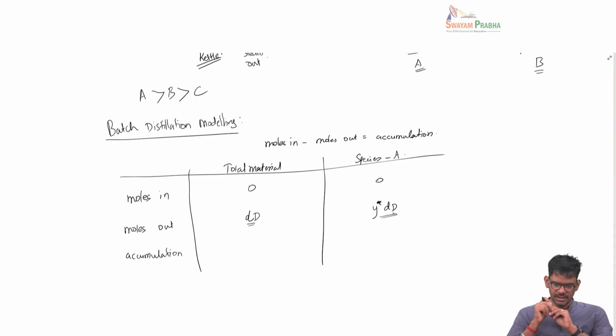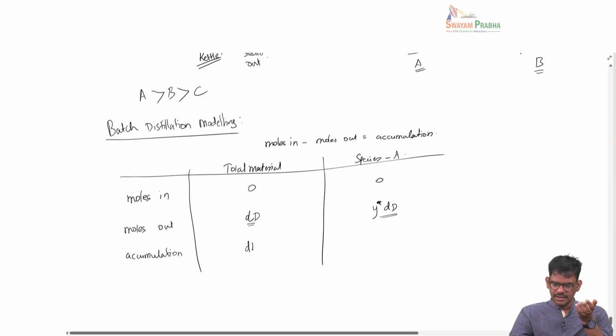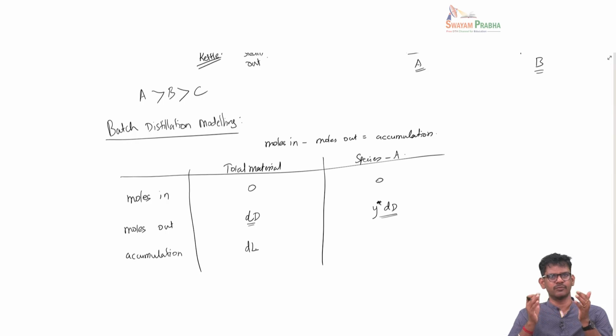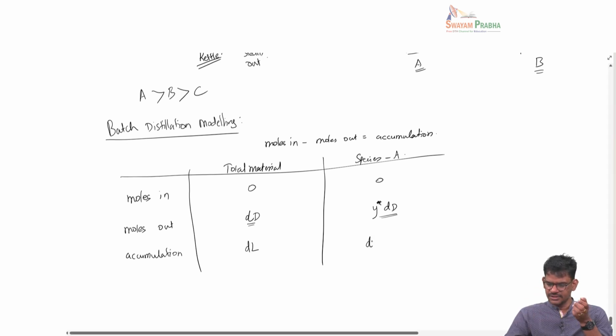Now if you look at the liquid, there will be an accumulation equivalent to dL. Here L denotes the number of moles of the residue liquid in the kettle. In the case of species A, the accumulation term is d of Lx.